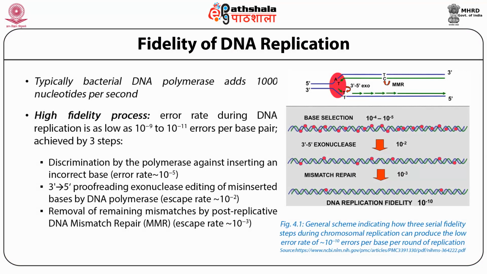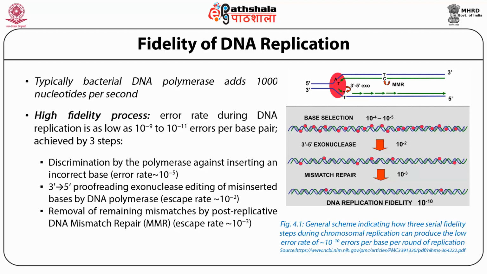The bacterial system, as we all know, is a prokaryotic system which is an evolutionarily much lower organism. However, in spite of the fact that it is a very primitive creature, the DNA replication mechanism, on one hand, is highly conserved, and on the other hand it shows high fidelity of DNA replication.